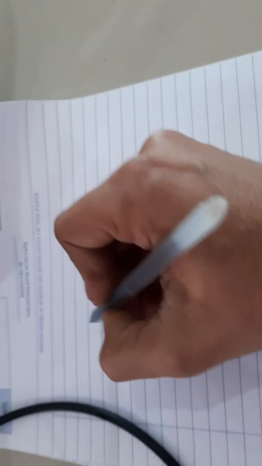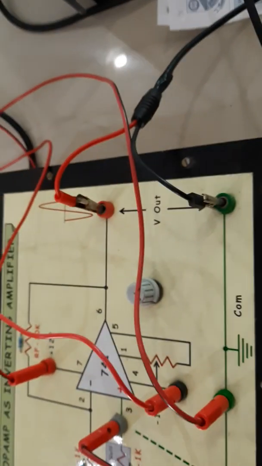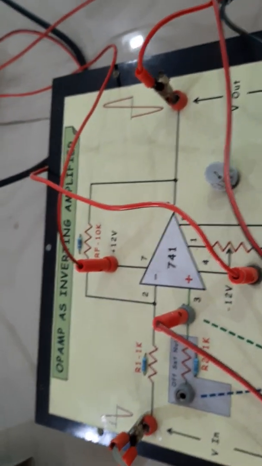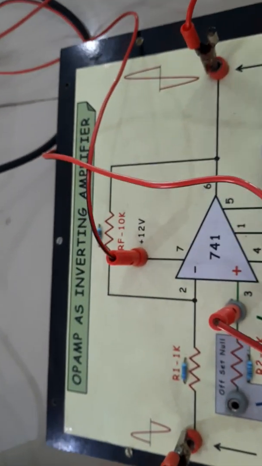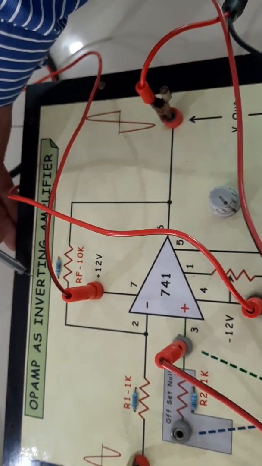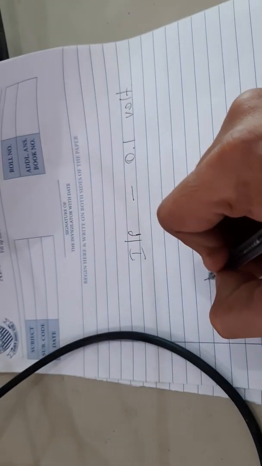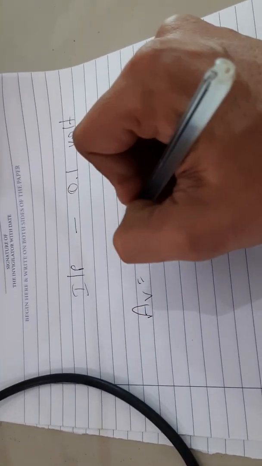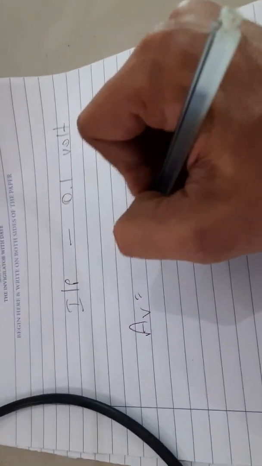Now, as I have set the input to 0.1 volt, let me tell you that when the op-amp is used with its inverting terminal, the gain AV is given by minus RF by R1.